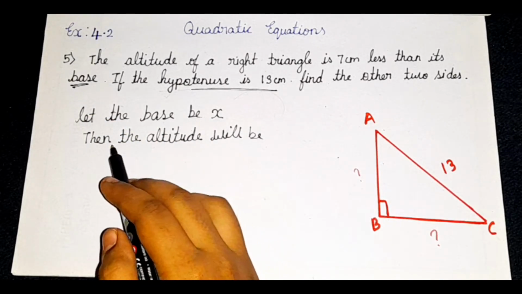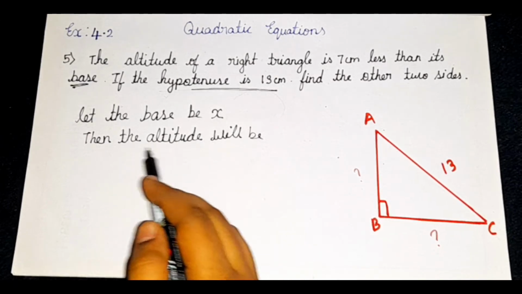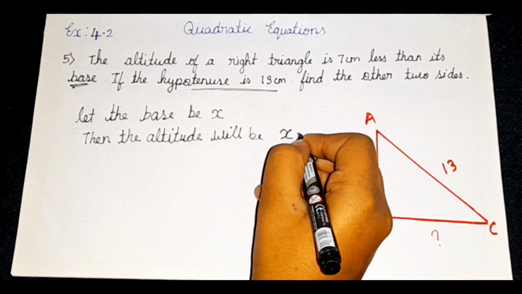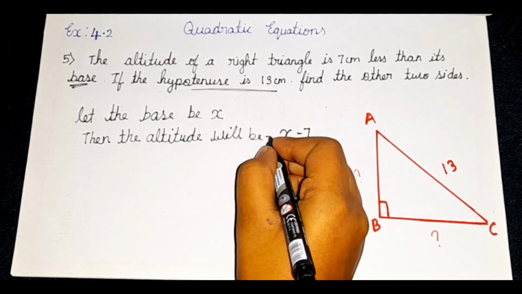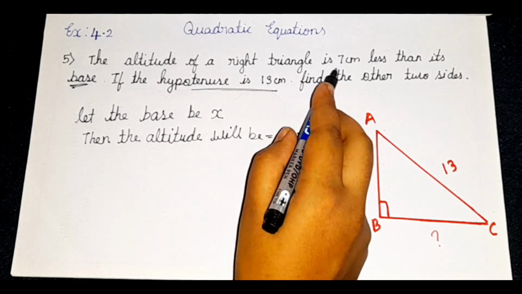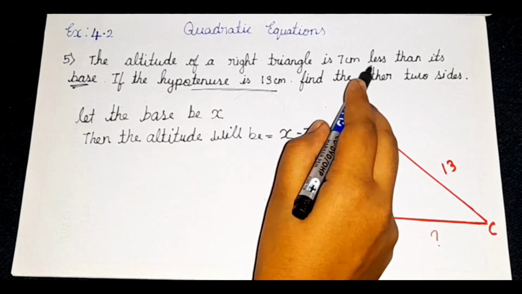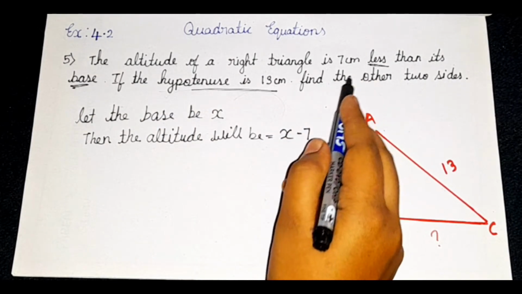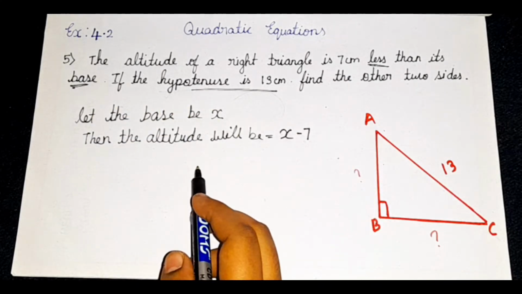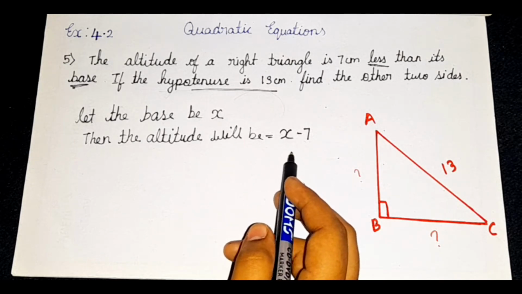You might be wondering how it is x minus 7. That's because it is 7 centimeter less than its base. Less means we are supposed to subtract. So finally the base value is x and the altitude is x minus 7.